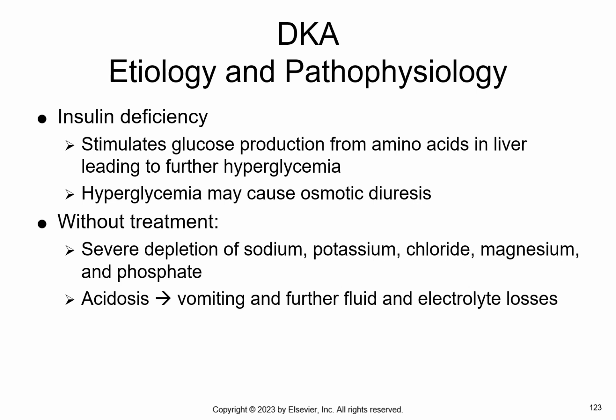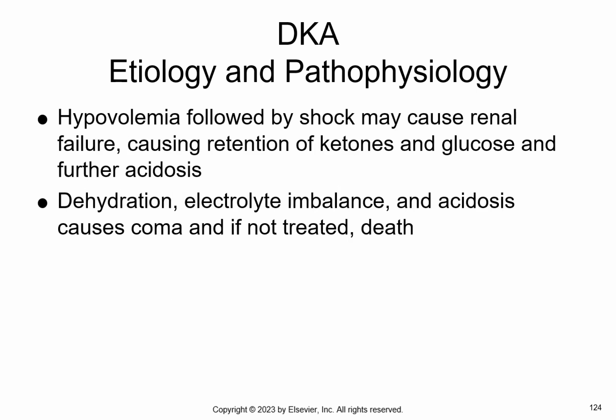If it is not treated, death is inevitable. So we'll talk hypovolemia. It will be followed by shock, can cause renal failure, cause retention of ketones and glucose, and further acidosis. So we'll have dehydration, electrolyte imbalance, and acidosis, causing coma, and if not treated, death.